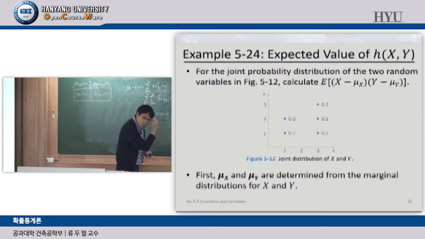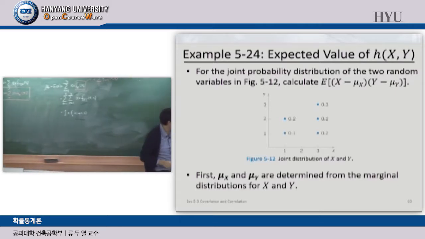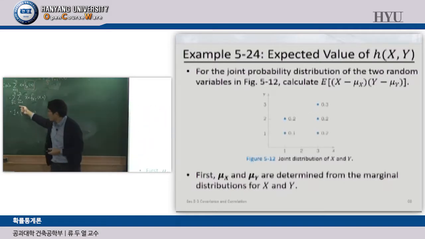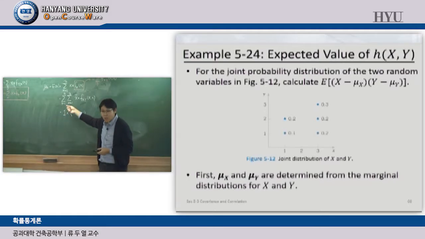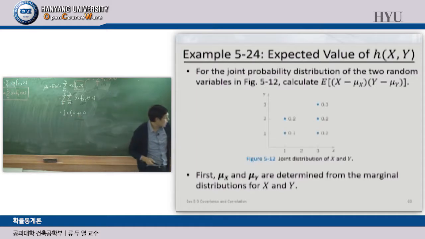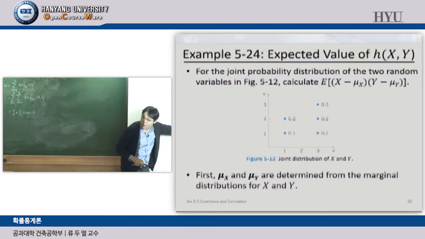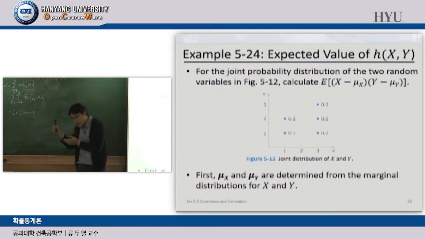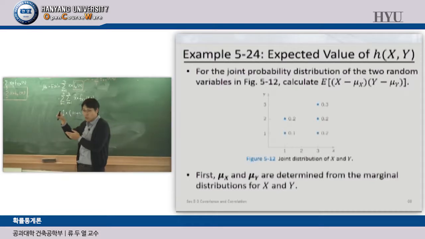When x is equal to 1, we have two different joint probability mass function values according to the y. And this is the double summation, which means we have to also consider y from 1 to 3. So x is equal to 1 and y is equal to 1, also x is equal to 1 and y is equal to 2.